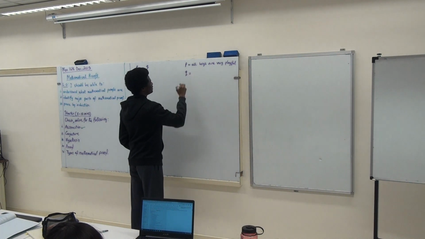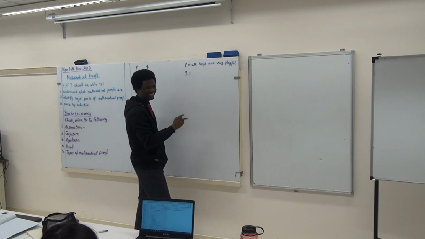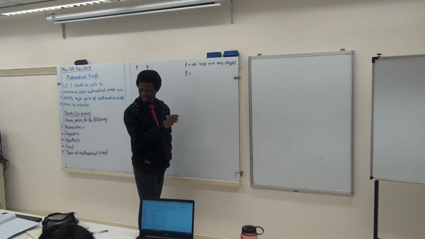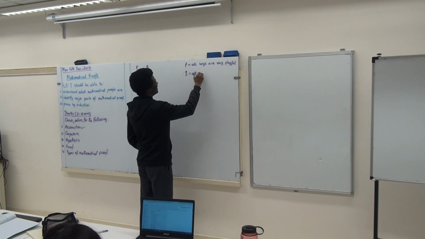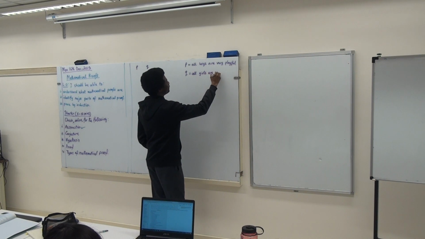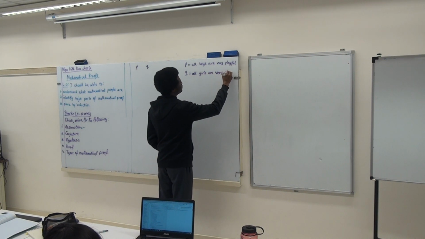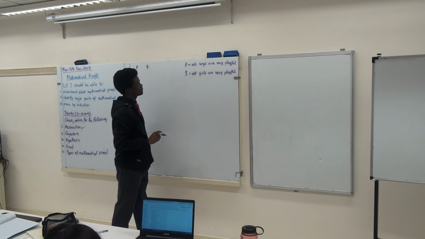And Q could be, what do we say about girls? All girls are very quiet. We know that is not true. All girls are very playful. All girls are what? All girls are tired. Okay, let's say all girls are. Let's use the same statement. Okay? Now, there are two different statements, but this is about boys, this is about girls.